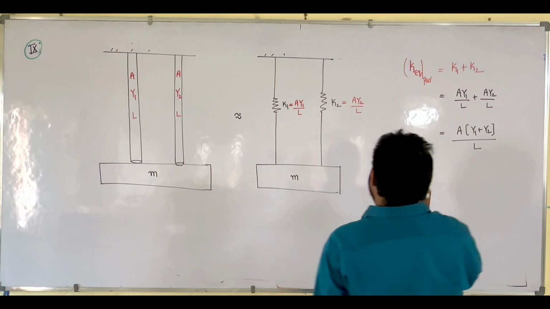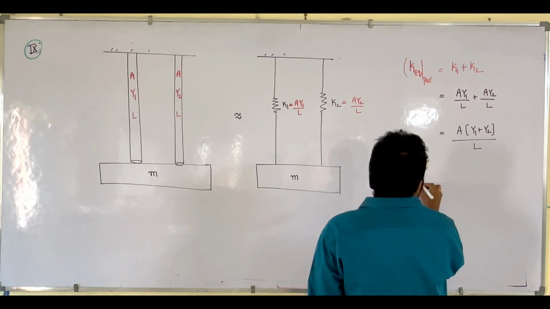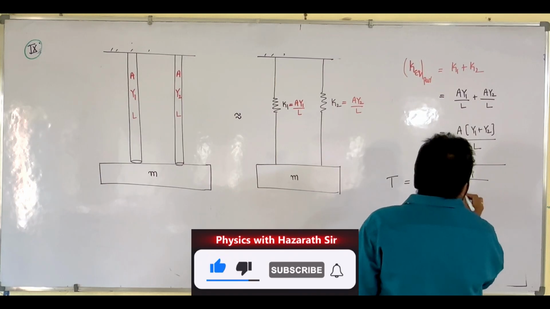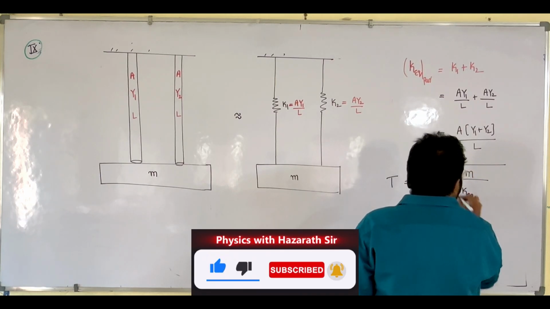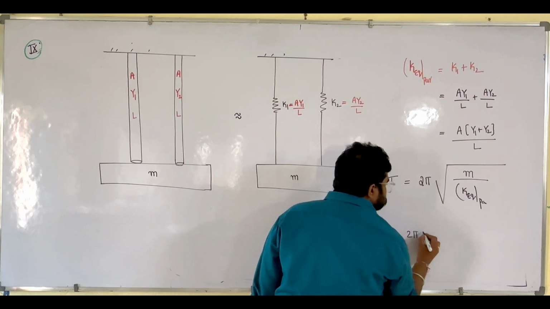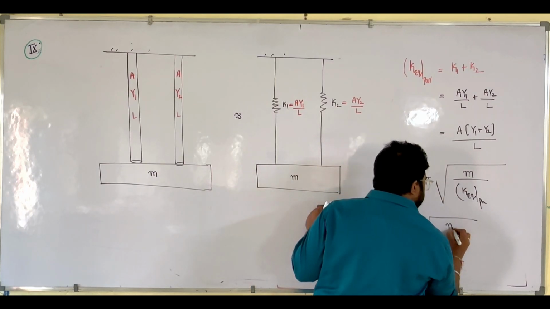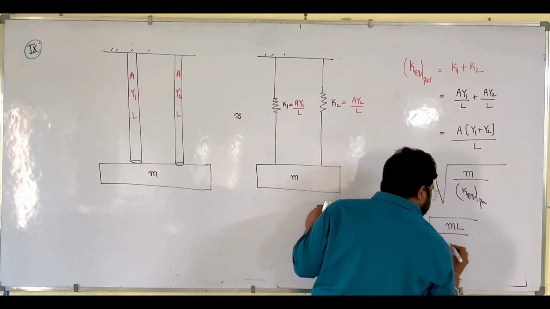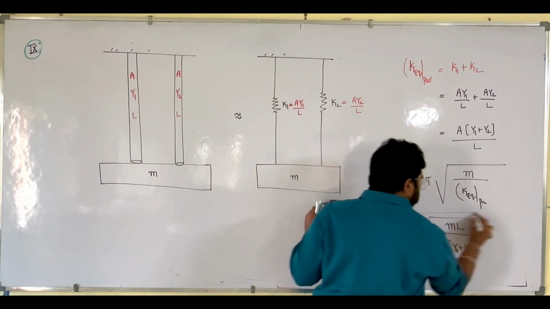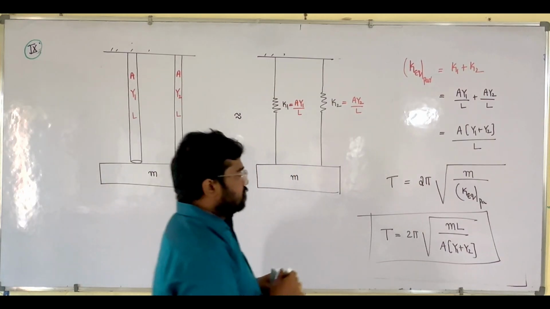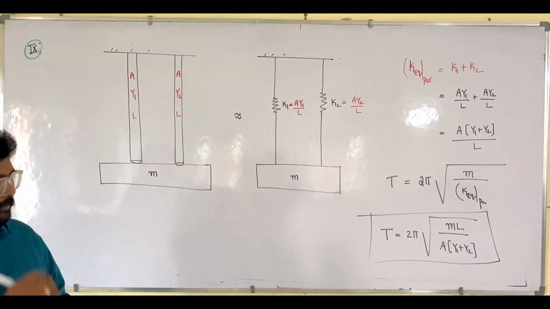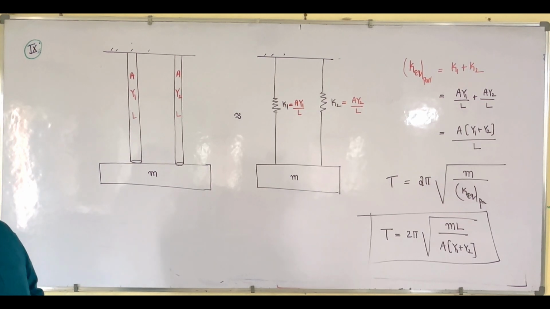What is the time period of oscillation? Tell me. 2 pi square root of M by K equivalent. T equals 2 pi square root of M L by A into Y1 plus Y2. Clear? Understood or not?